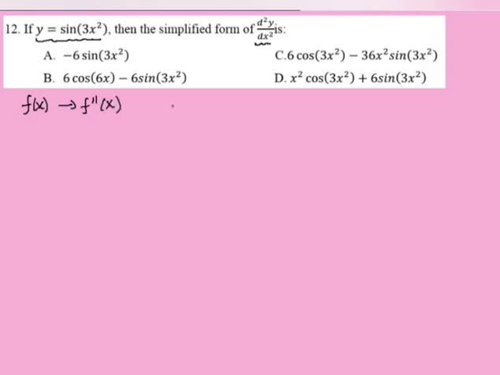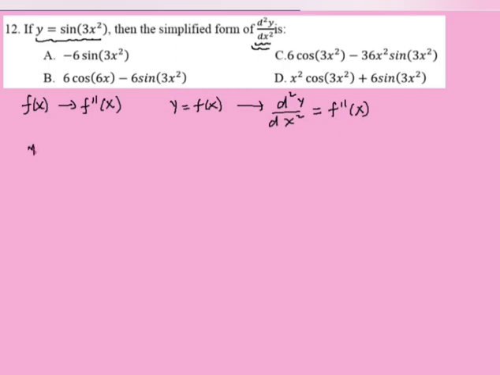Sometimes if we have a function in the form y equals f of x, the second derivative can be denoted by this symbol. This is the other notation for the second derivative of the function. So here we are asked for the second derivative.